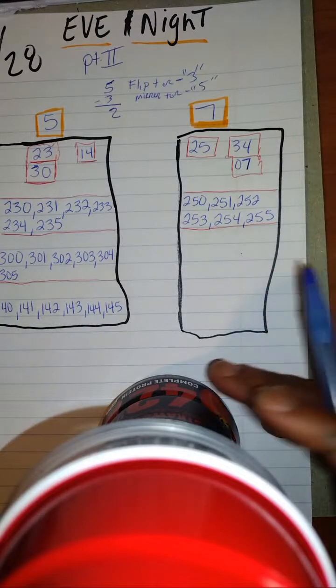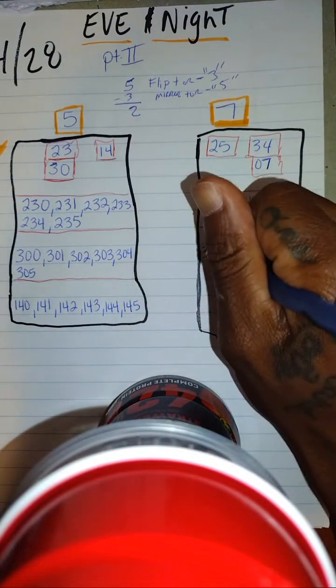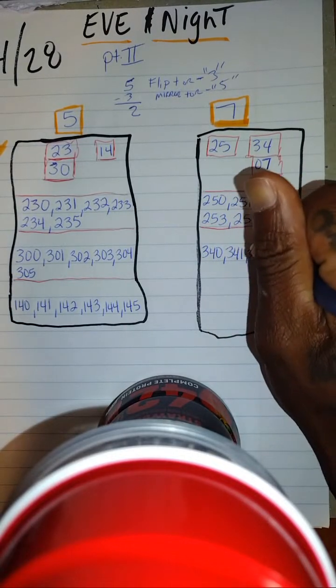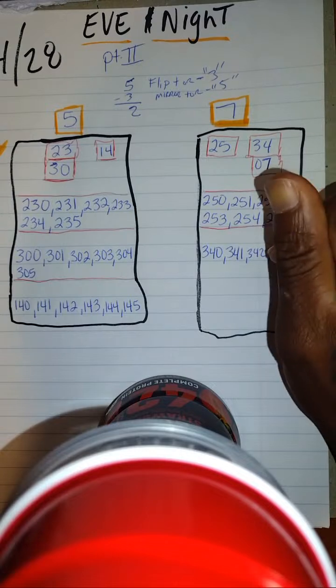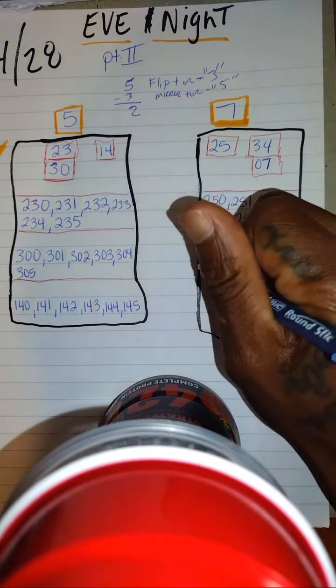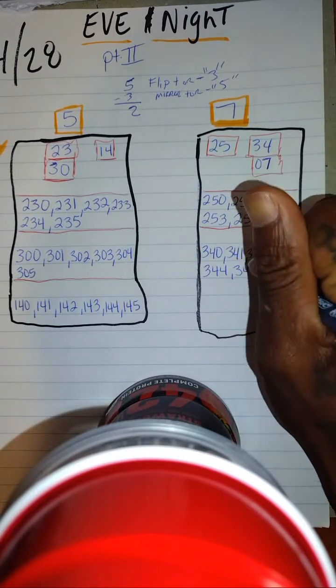Three, 4 pair next: 3, 4, 0; 3, 4, 1; 3, 4, 2; 3, 4, 3; 3, 4, 4; 3, 4, 5.